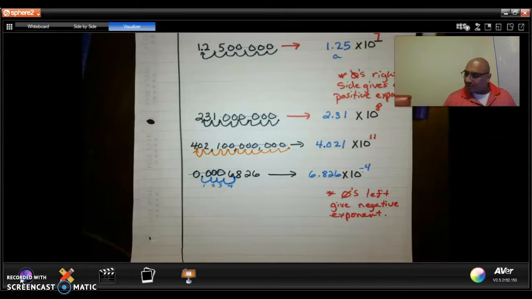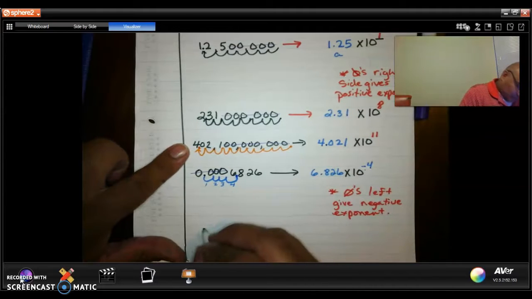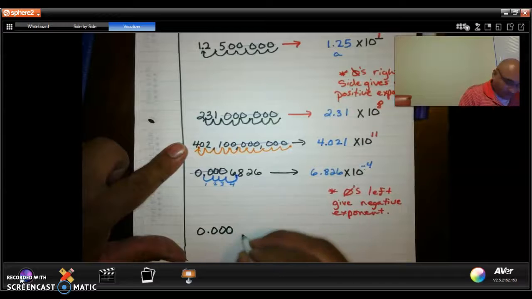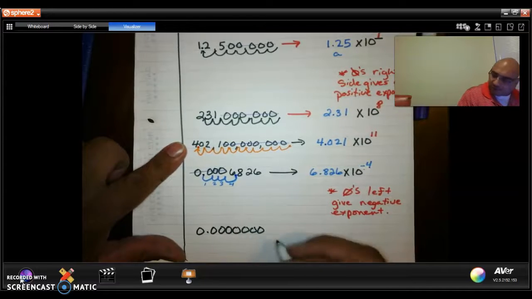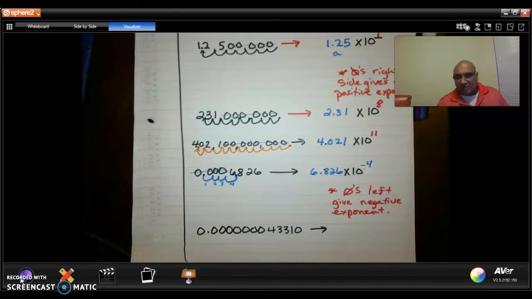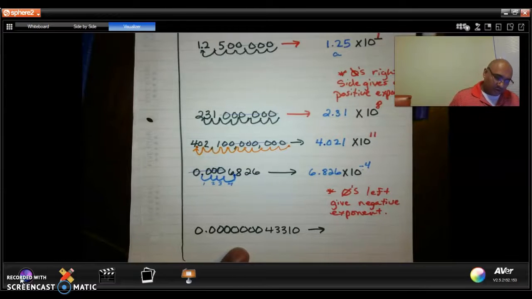Another example, I have 0.00000433310. Now guys, if y'all were a scientist or a doctor or a mathematician, y'all wouldn't want to write this over and over and over again for a paper.